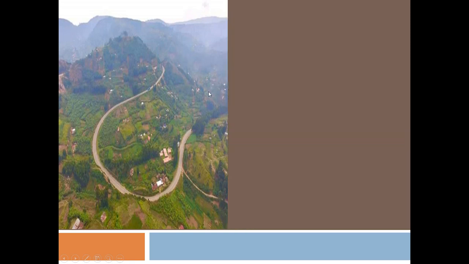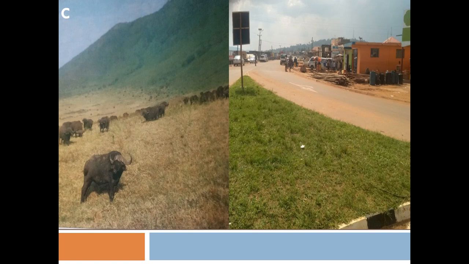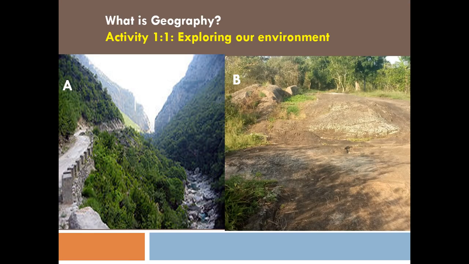We have the valleys here separating the hills. Then we said also in photograph C, we have the valleys where these animals are grazing. This is a valley separating, or the valley which is below this raised area, the hill. Then we said in photograph A, we also have a very broad valley stretching in between these two, or in between the hills.